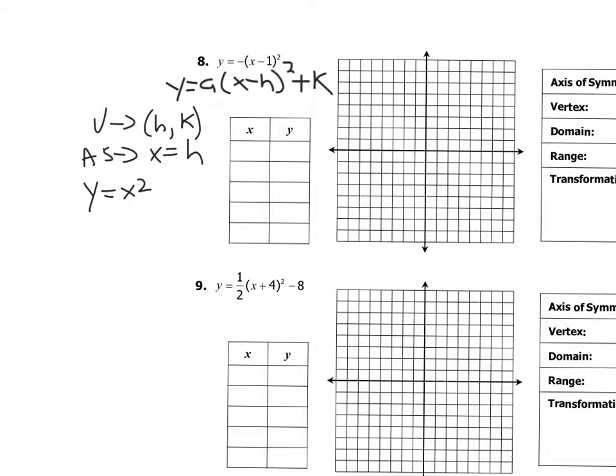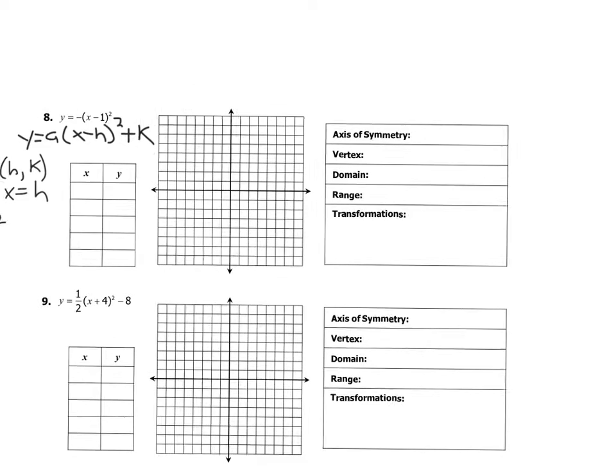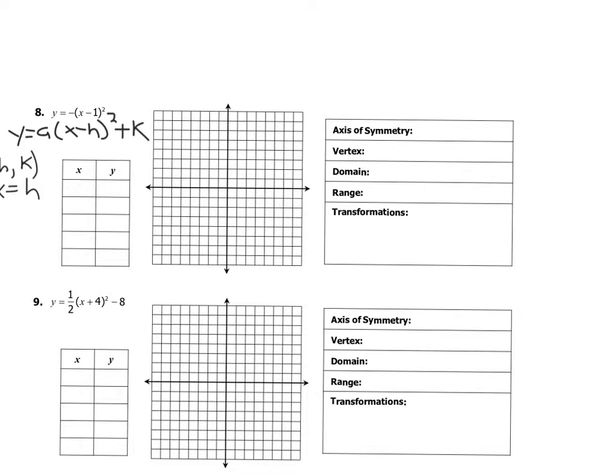So just before we even start graphing this, we could already kind of see what transformations are going to occur, in this part of our chart. So it's negative on the outside. It's a negative a, so that means it's going to flip. It's going to be pointing downward. So we could already write flip here.